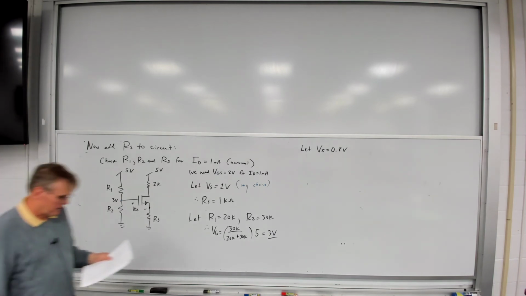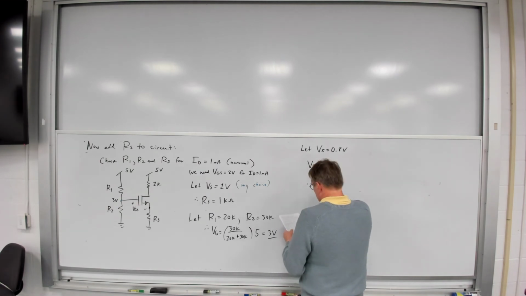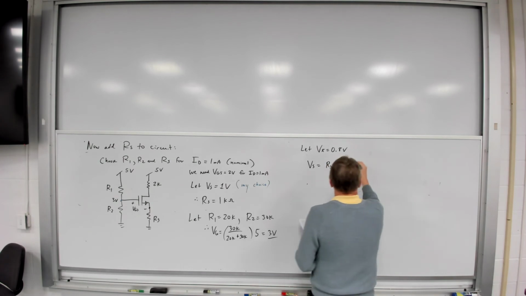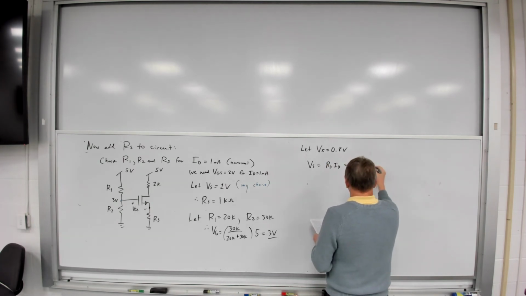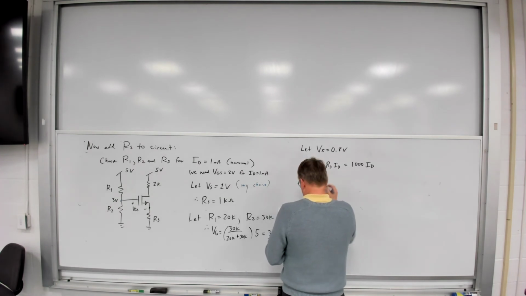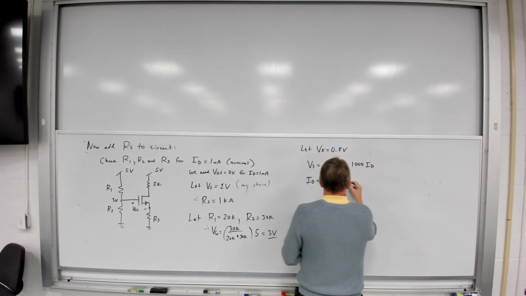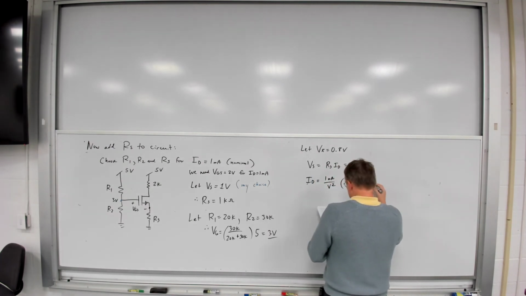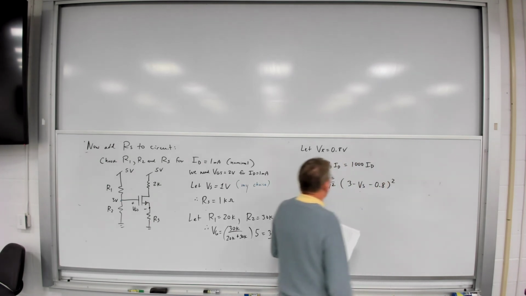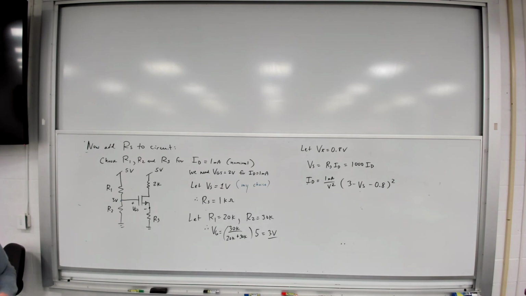So let's see what we get here. VT is equal to 0.8. Vs is equal to RS times ID, which is 1,000 ID, the value we already chose. And ID is equal to 1 milliamp per volt squared times (3 minus Vs minus 0.8) squared. So I just wrote the 2 equations I needed to solve for that drain current.